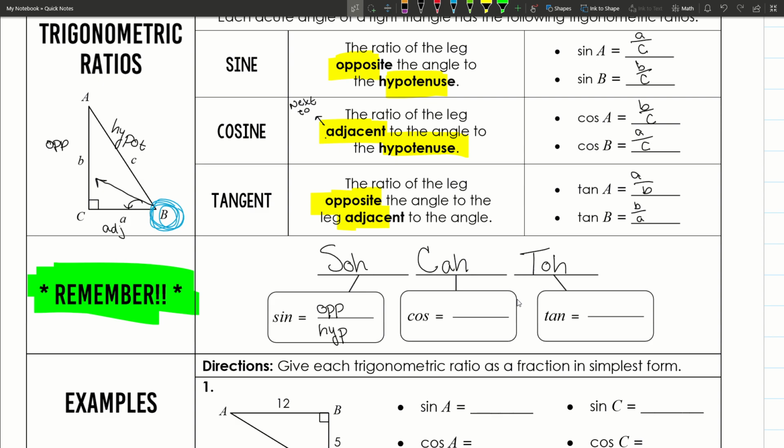C for cosine, A for adjacent, and H for hypotenuse. Adjacent on top, hypotenuse on the bottom. Last one is T for tangent, O for opposite, and A for adjacent. If you can remember this, then you should be pretty set with our trig functions. If you cannot remember that, then we're going to have a problem. So I need you guys to make sure that you can remember this.